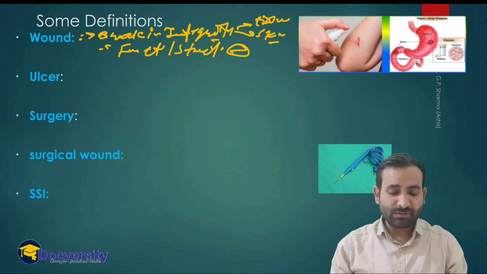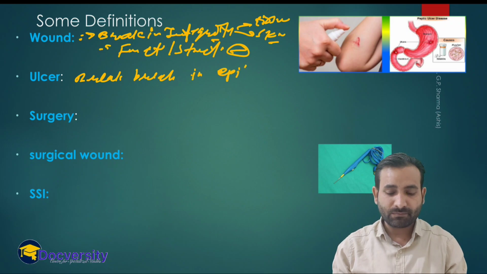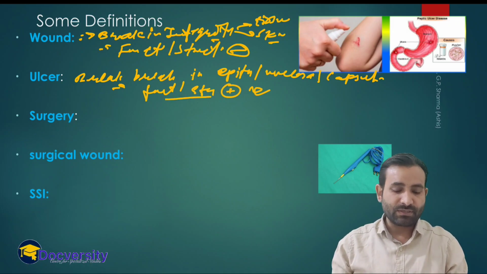Ulcer means what? This is a small breach, a smaller form of wound, a small breach in the epithelium, or maybe mucosa, or maybe organ capsule. It does not produce functional or structural abnormality. Is that okay? So this is our ulcer.